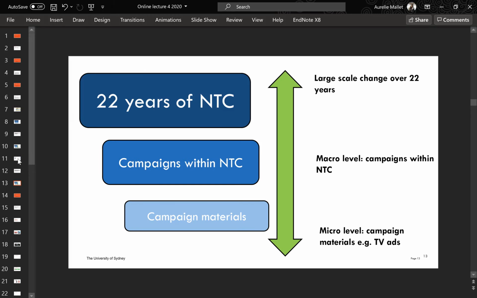Like I said, they can be used to scale up to look at large scale change, and they can be scaled down to look at micro level texts, such as the TV ads, the radio ads, the posters. Today I'm not going to talk about large scale change, but I'm going to show you how these three sets of strategies can be used to analyze campaigns.